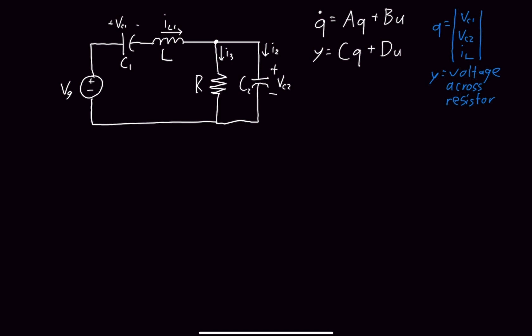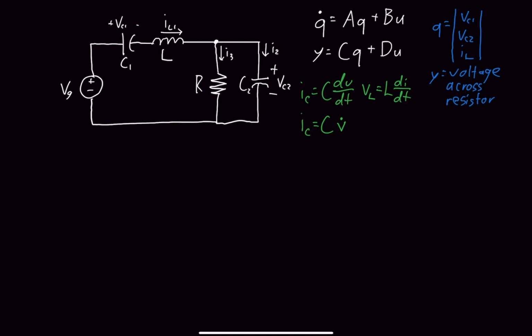So if we remember, I_C equals C dV/dt, and V_L equals L di/dt. When we do state variable models, we'll see this more as I_C equals C V dot.